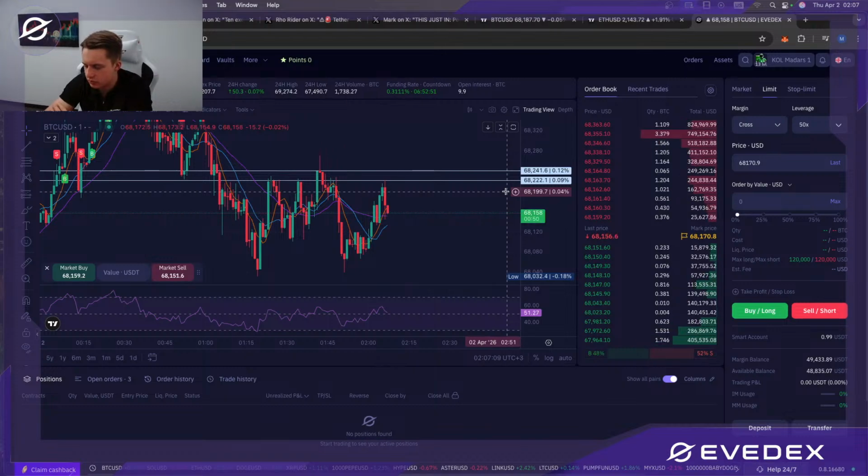The market has picked up a bit of momentum now. It was very fast earlier on, but now it's even faster.